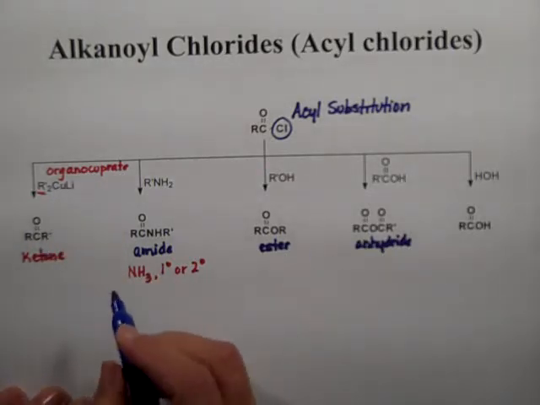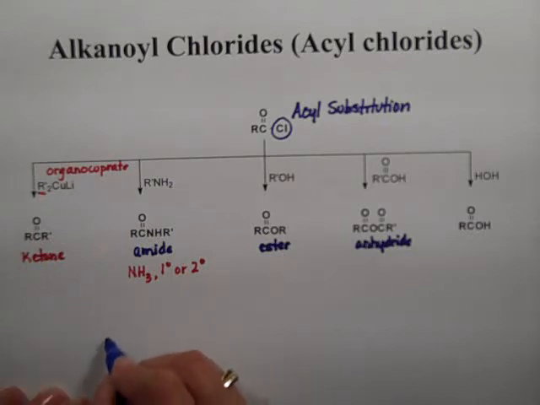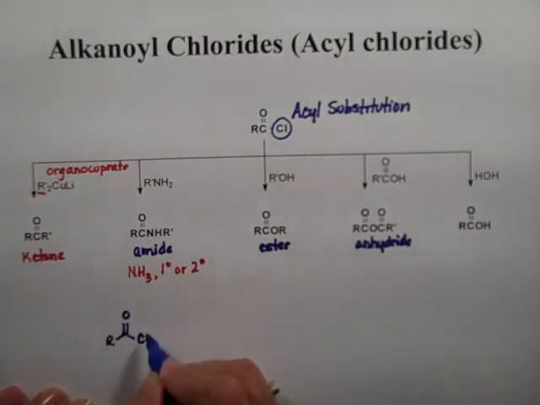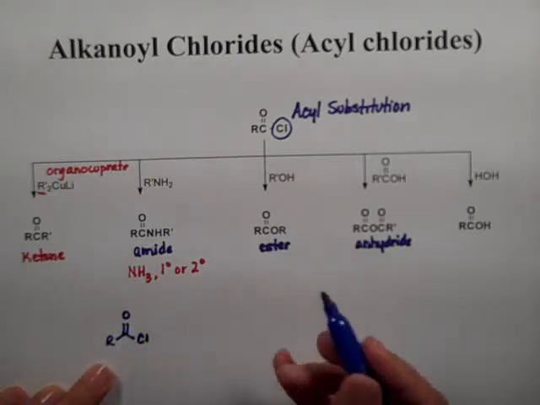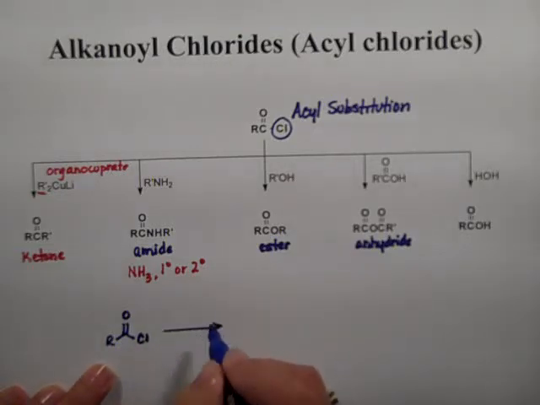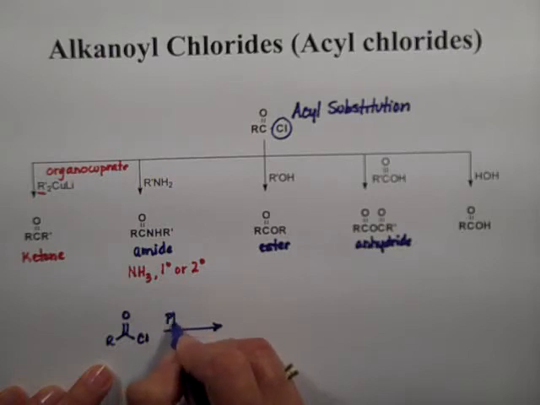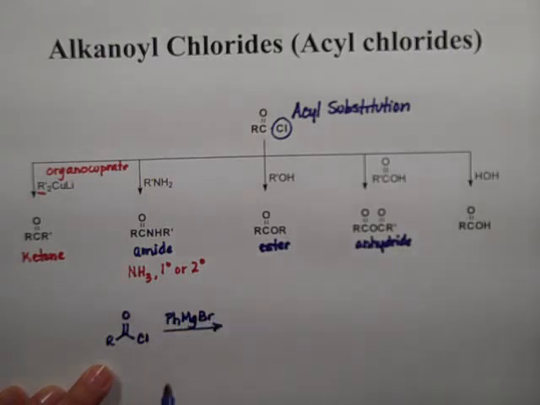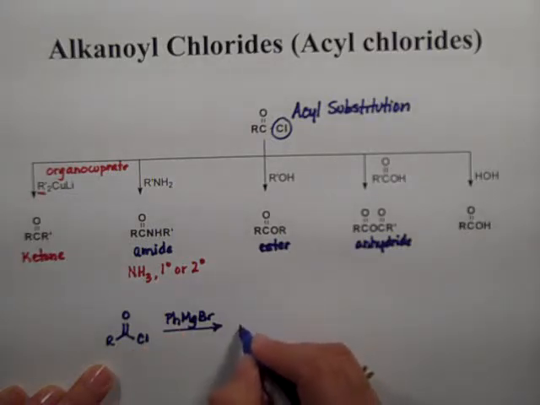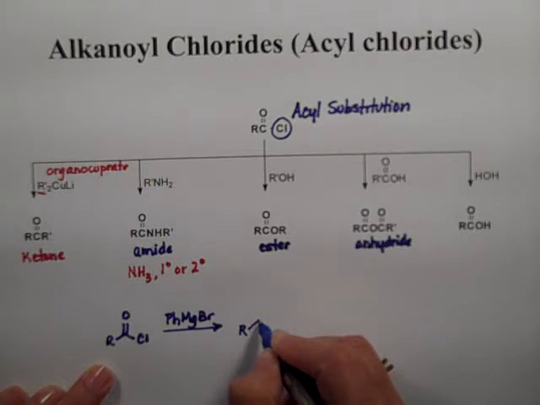whatever ketone you want. This can also happen with Grignards. So you can take an acyl halide that you want, and you can add a Grignard. Let's add phenyl magnesium bromide. We're basically going to put a phenyl in place of the chloride. We're going to do a nucleophilic acyl substitution.